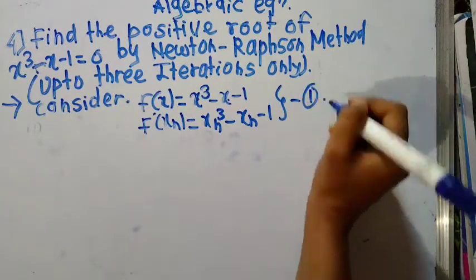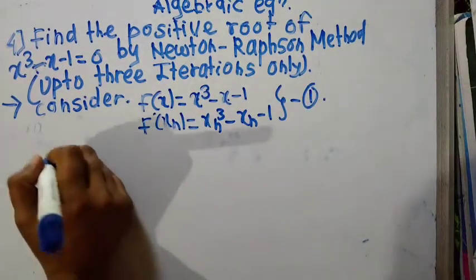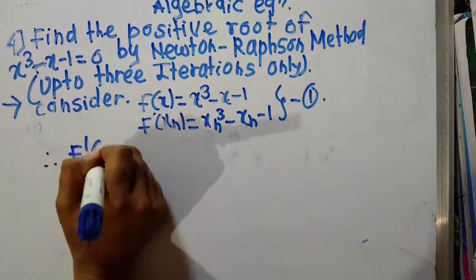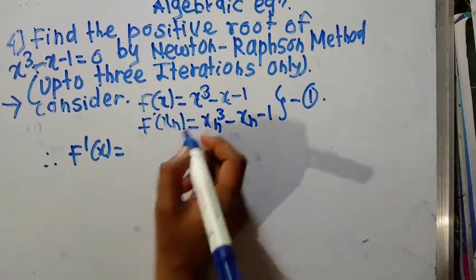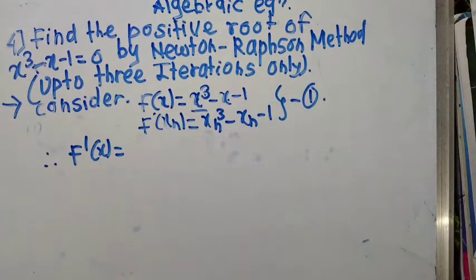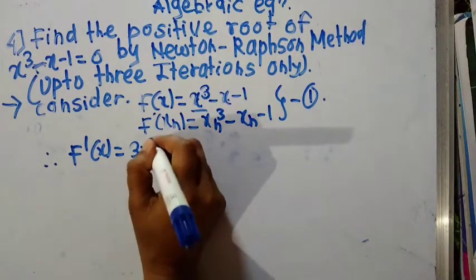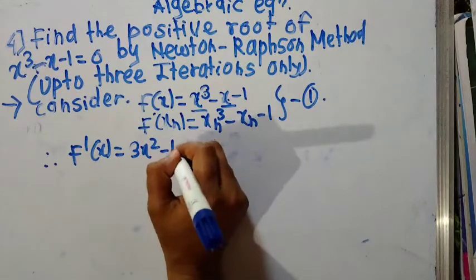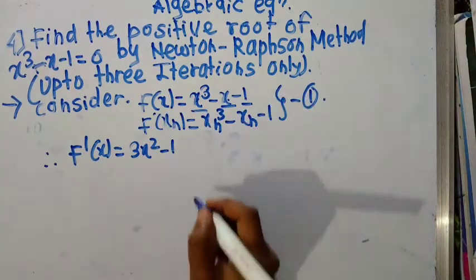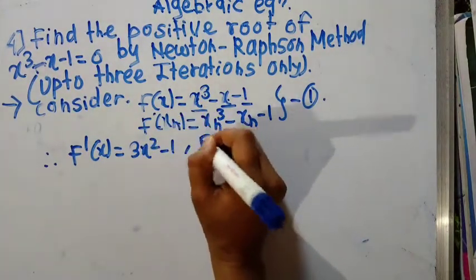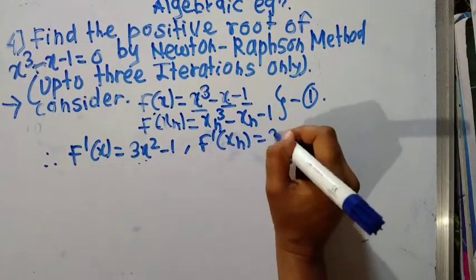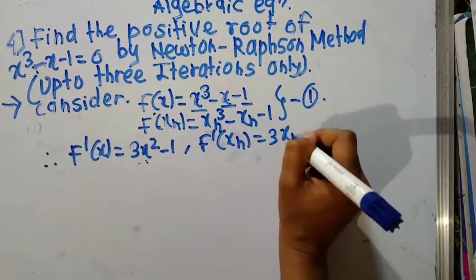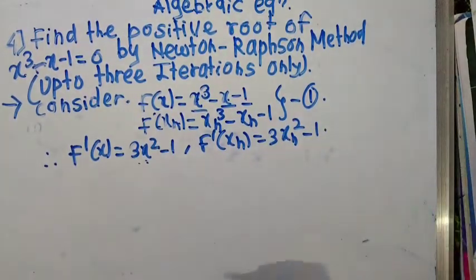It is the first equation. Then first find out f dash of x, which is the derivative of x cube is 3x square, derivative of x is 1 and derivative of 1 is 0. Hence f dash of xn is equal to 3xn square minus 1.